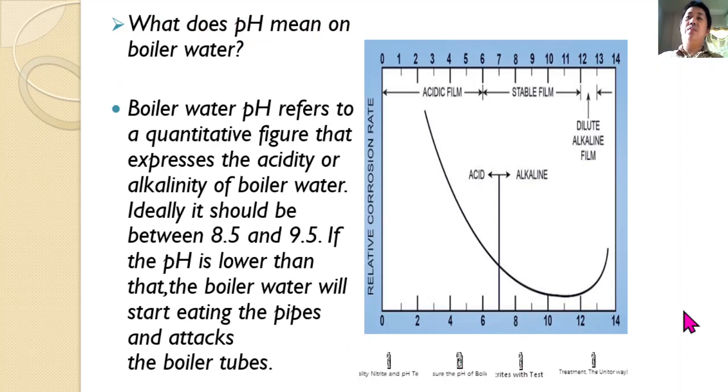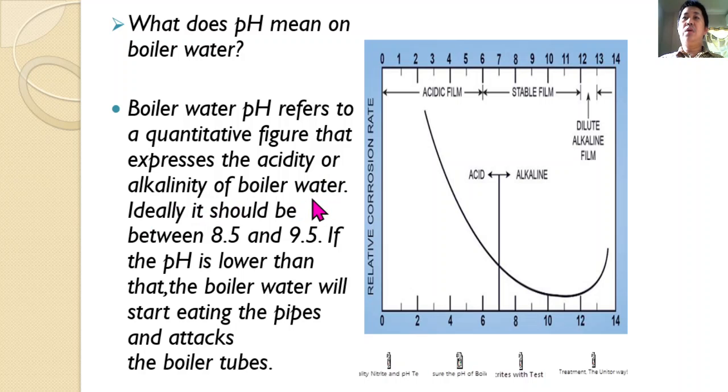So we have here an example. What does pH mean on your boiler water? Boiler water pH refers to a quantitative figure that expresses the acidity or alkalinity of the boiler water.